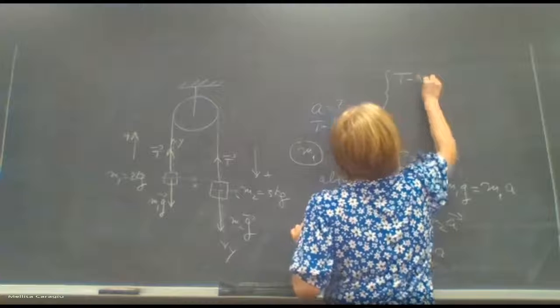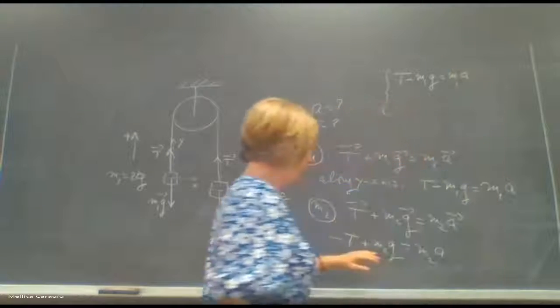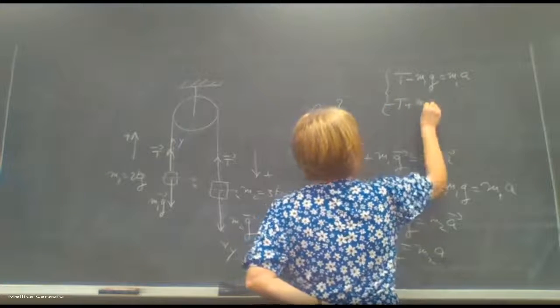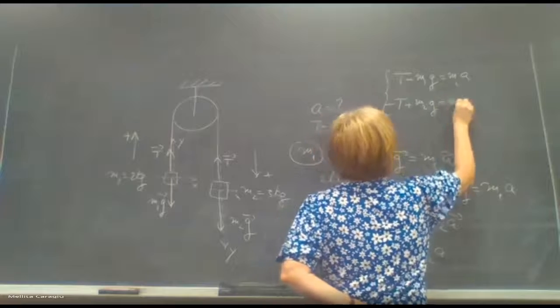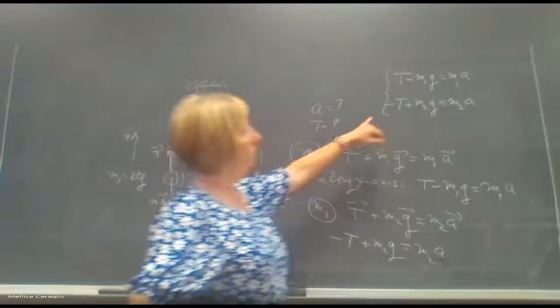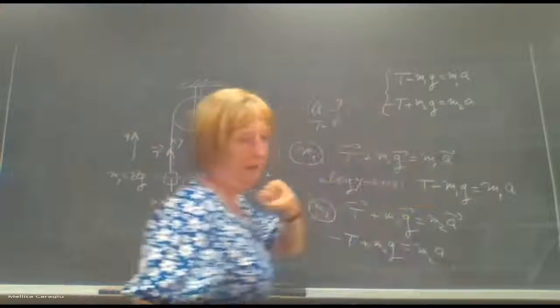T minus M1G equals M1A. And the second equation, minus T plus M2G equals M2A. Two equations, two unknowns. The tension is one unknown. The acceleration is the other unknown.